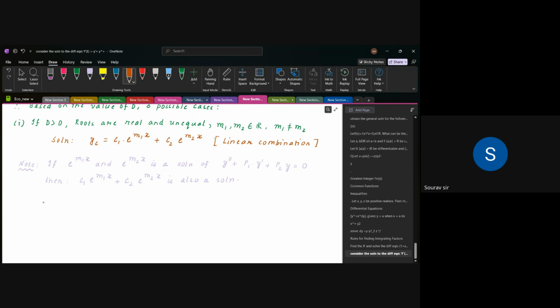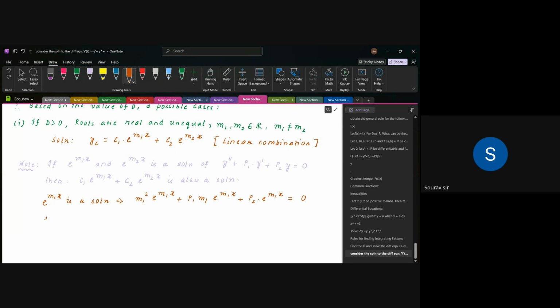So when I'm saying that e to the power m1x is a solution, that means it will satisfy the differential equation, correct? Agreed? So if you replace this, what will happen? M1 square e to the power m1x plus P1 m1 e raised to the power m1x plus P2 e raised to the power m1x is equal to 0.